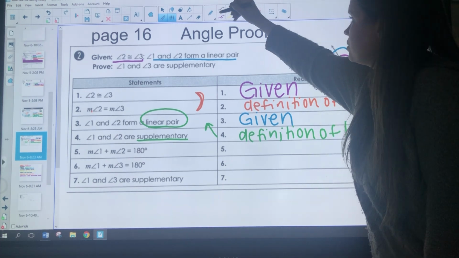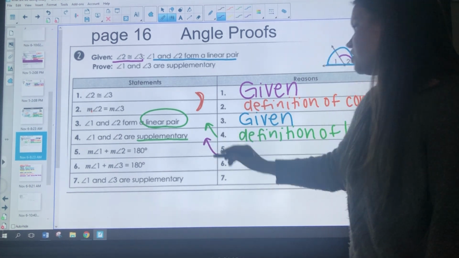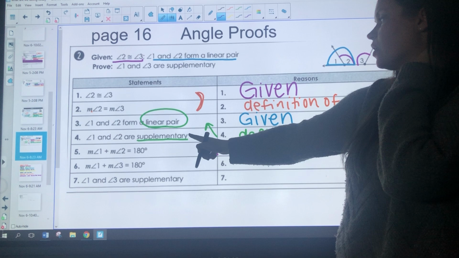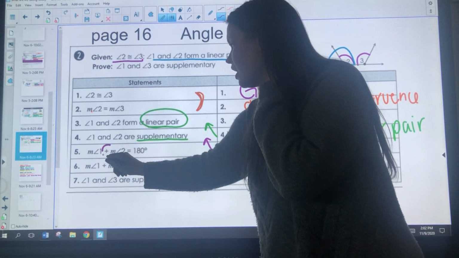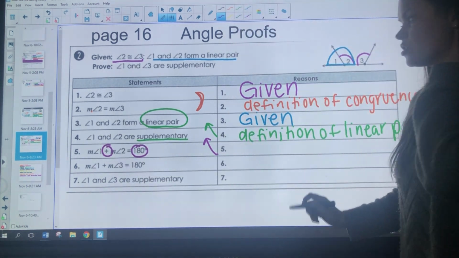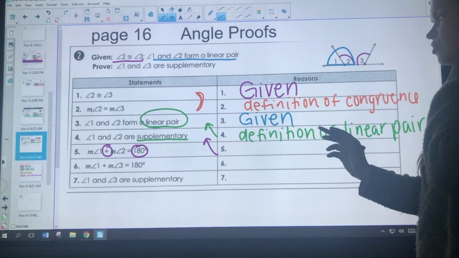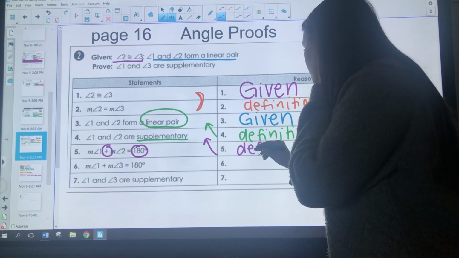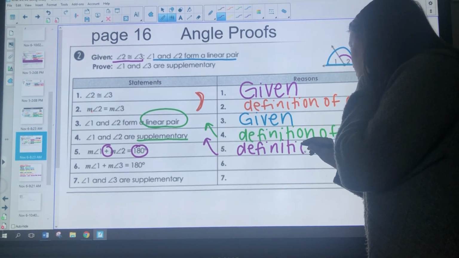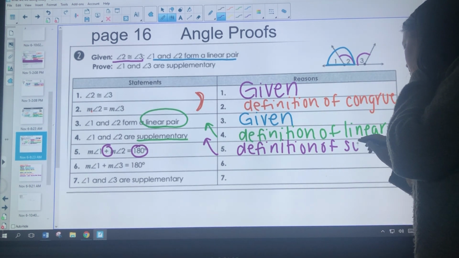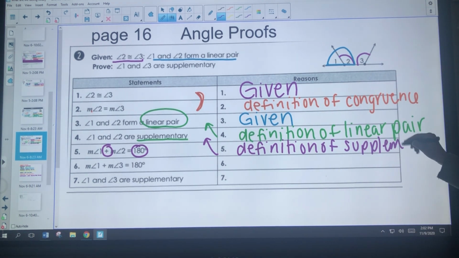And again, use the line above to answer row 5. If 1 and 2 are supplementary, how do we know that they add up to 180? Because the definition of supplementary is two angles that add up to 180. Okay.